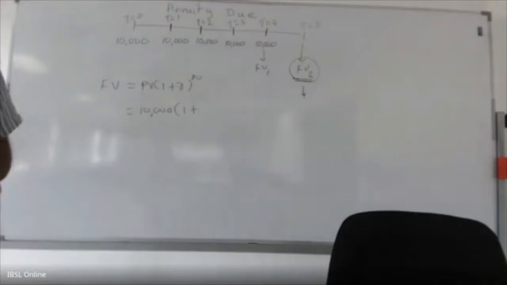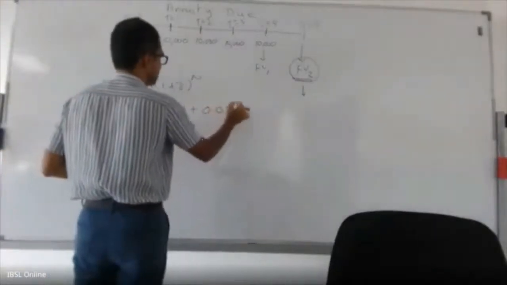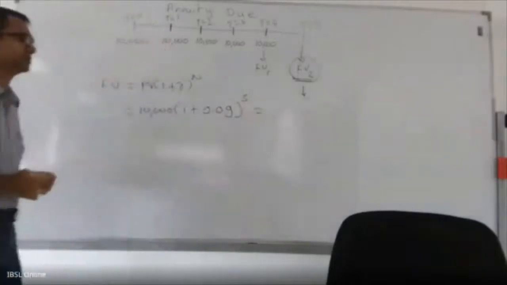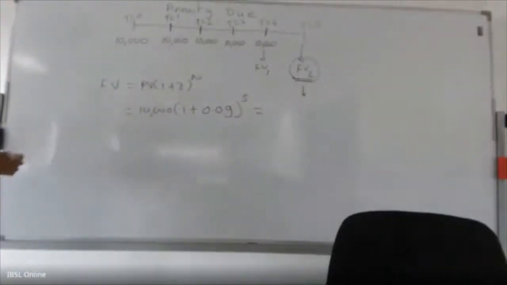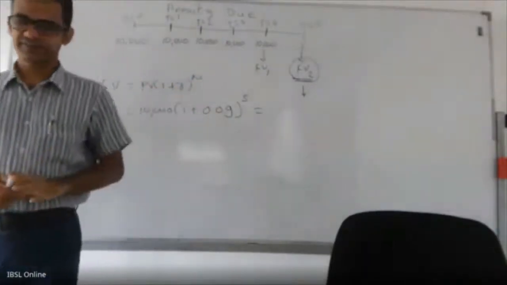Is it 9%? Nine percent. Okay. Then we consider all these 4 as annuities.